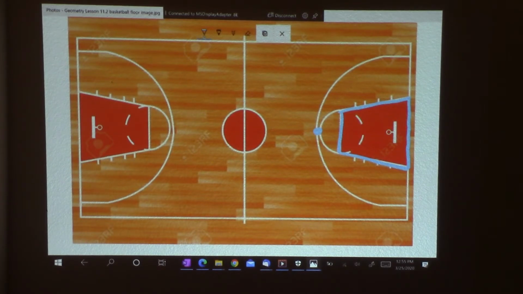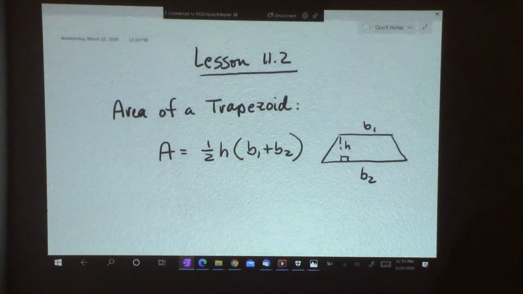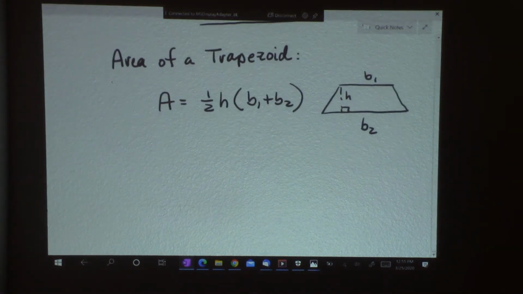Here's our problem. The free throw lane on an international basketball court is shaped like a trapezoid. Find the area of the free throw lane. Now you're going to need to draw a picture of this on your paper. Here's number 1.